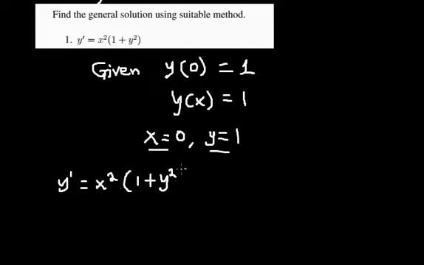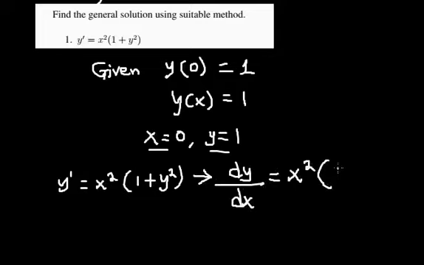Now you know how we do this. We can write this in full, which of course is dy dx equal to x squared, open bracket 1 plus y squared.